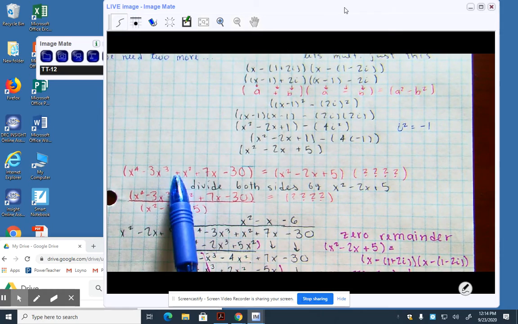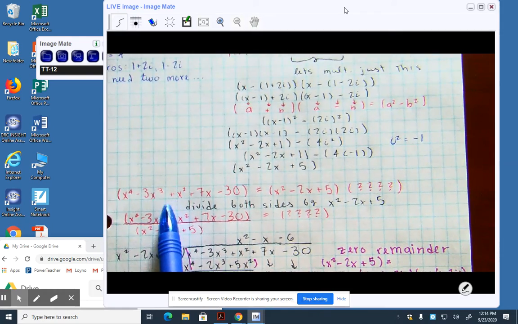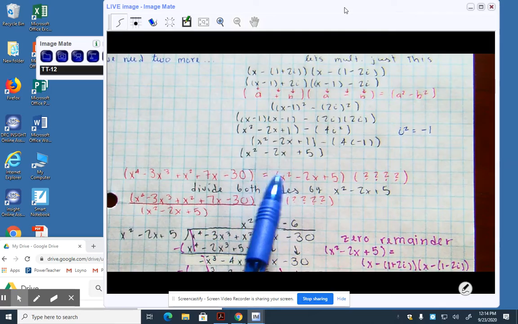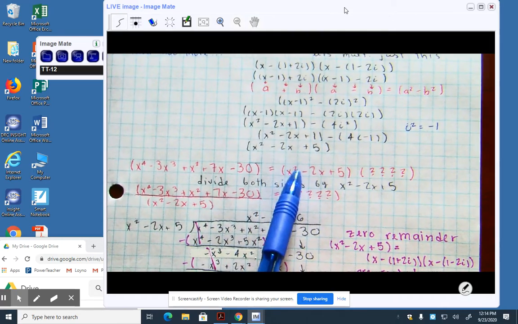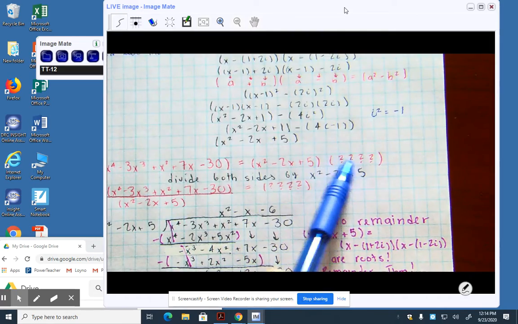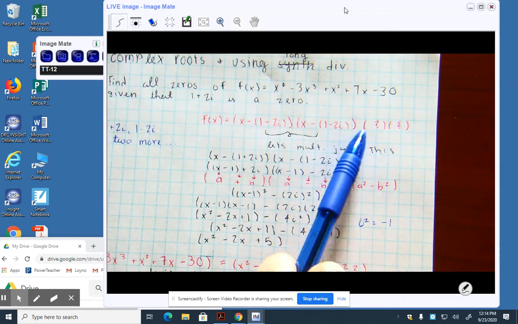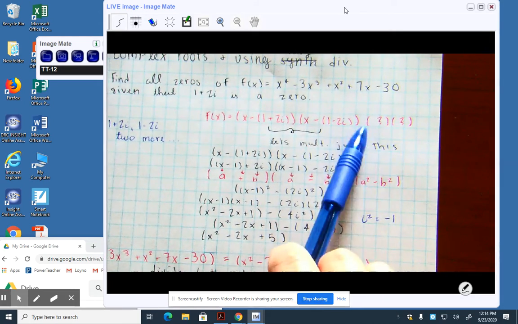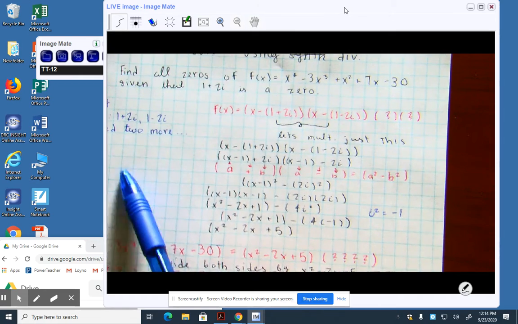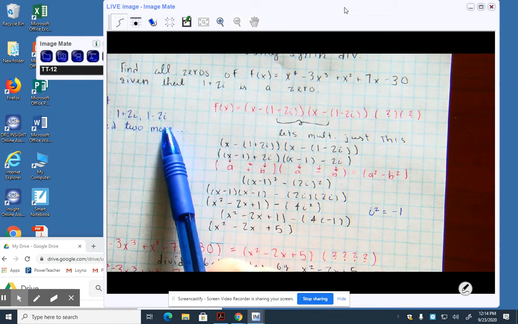So what I've got here is my original f of x. I set it equal to my new quadratic, and then I have this big question mark quadratic that I don't know, which is going to be a result of multiplying together these last two linear factors, which I don't know because I need to know the two last zeros.